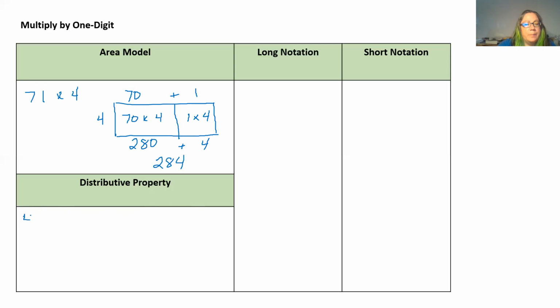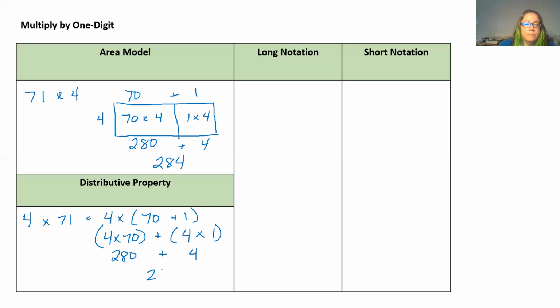Distributive property, 4 times, expanded form, distribute the multiplication, multiply, add.